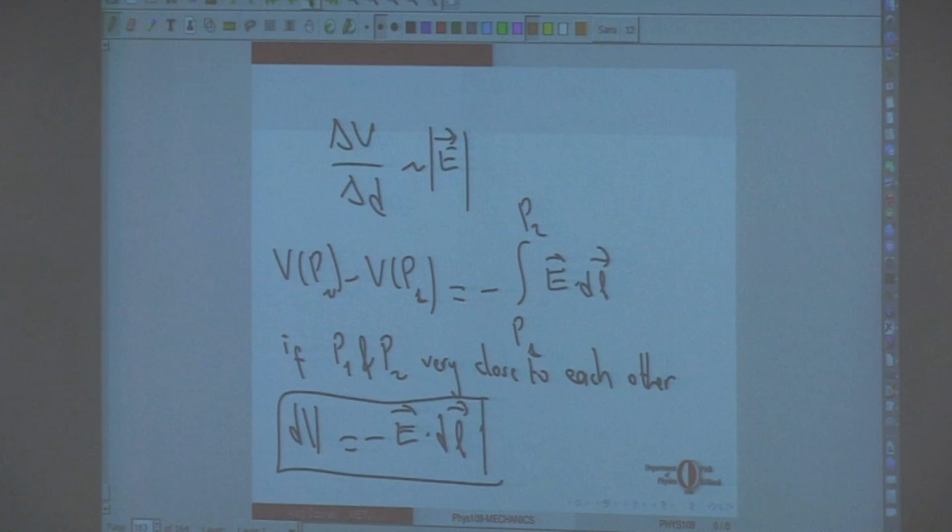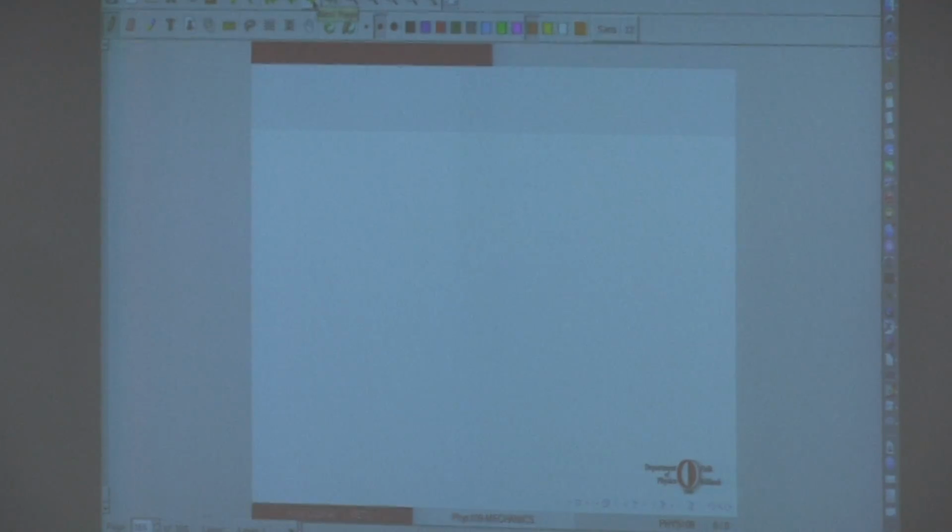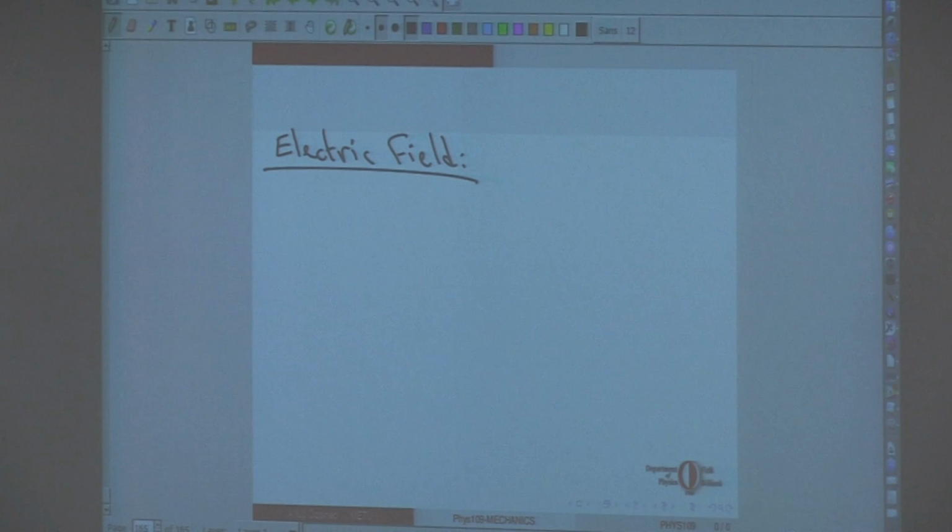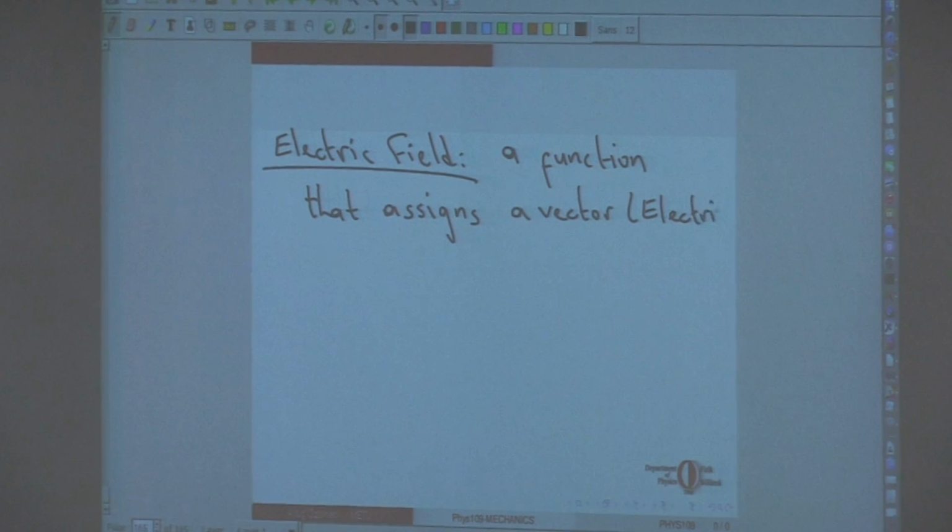Okay. So what is a field? Now this electric field is nothing but a function that assigns a vector, the so-called electric field vector, at every point.